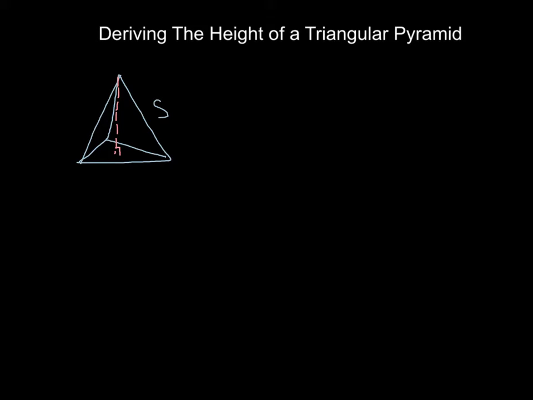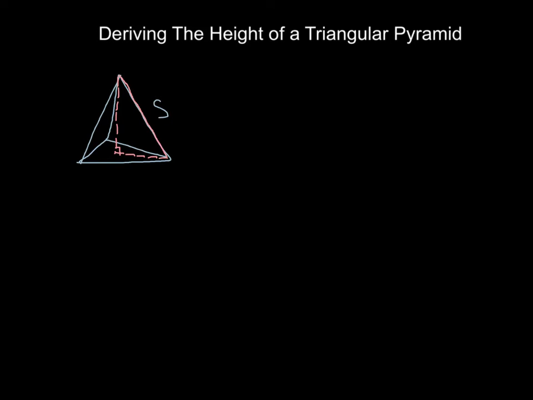So really what we want to do is, I see that I have a flat base here and the height going perpendicular to it. So I'm going to try and make a right triangle that can help me find that height using parts that I know. I'm going to do my best to draw it here, but I'll redraw it in a second. Do you see this right triangle here?